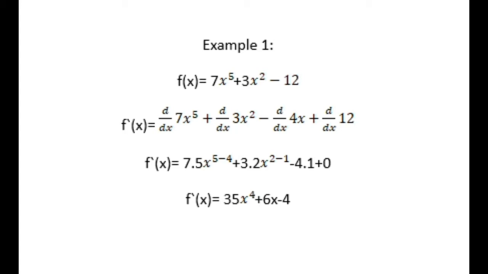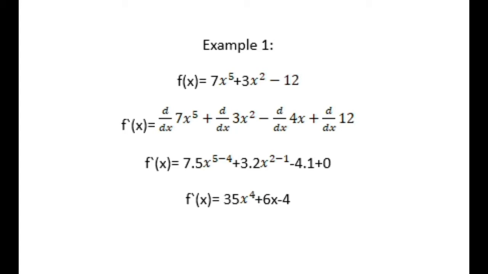And now, we're going to distribute the derivative to each term. So, d over dx 7x raised to the power of 5 plus d over dx 3x squared minus d over dx 4x plus d over dx 12.